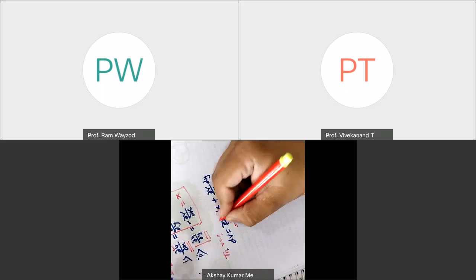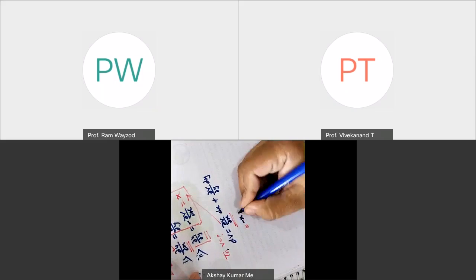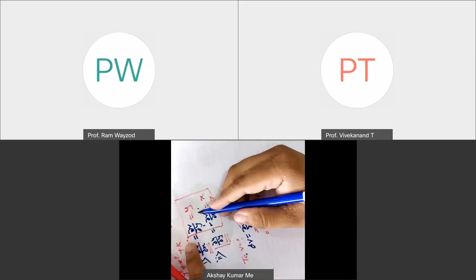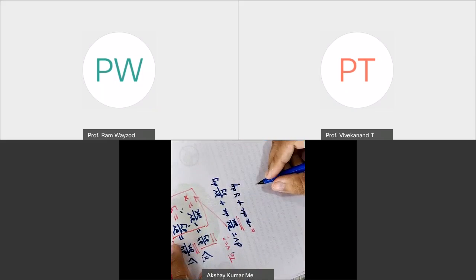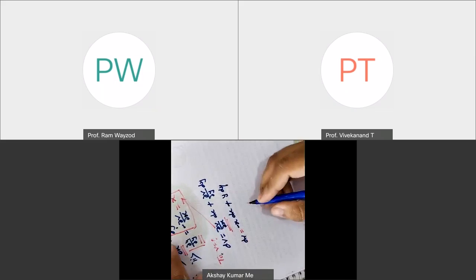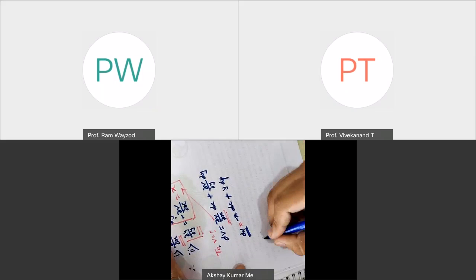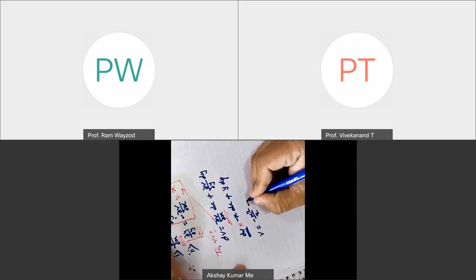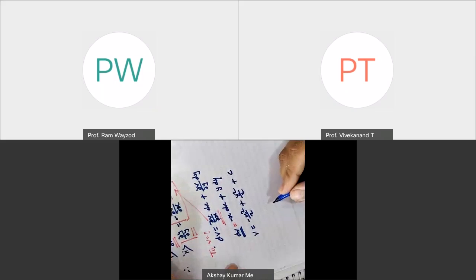So we have minus x dx plus y dy. Now calculate v. We take integration on both sides. We get v equal to minus x square by 2 plus y square by 2 plus any constant c.